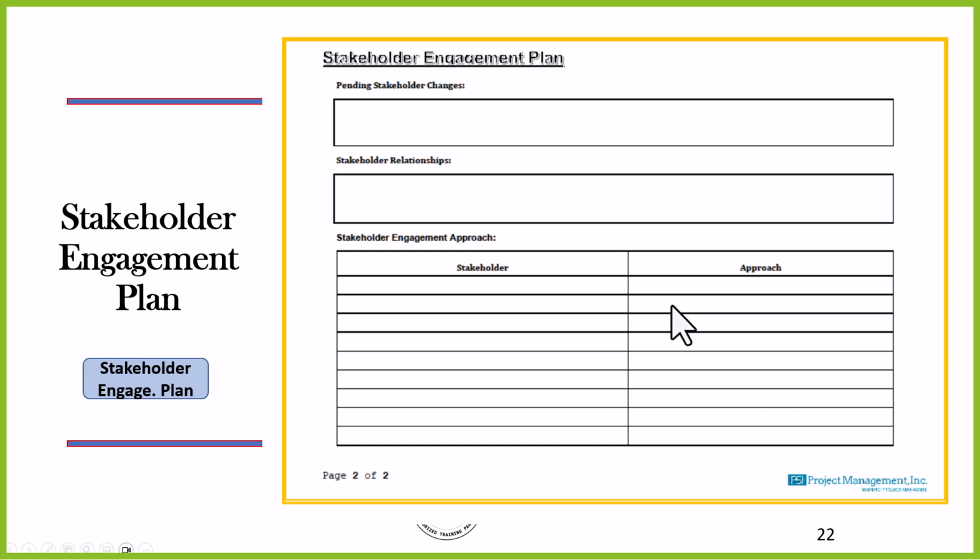Son number 1, let's say. He's neutral. I'd like to move son number 1 to a supporting position. How am I going to do that? And maybe it's talking with him, getting him involved with me as I'm developing this and showing him how it's going to improve his work and his product in the shop.